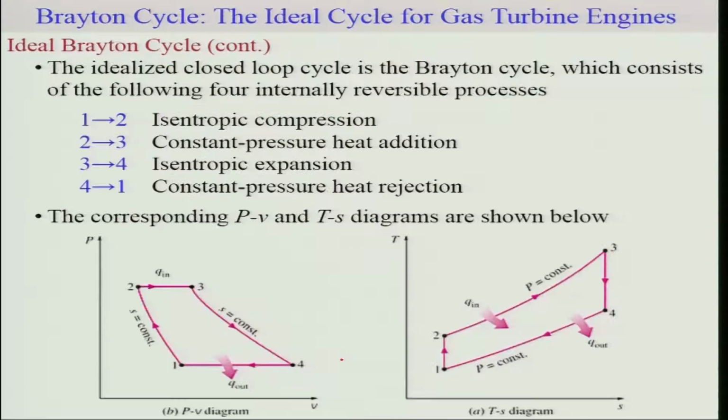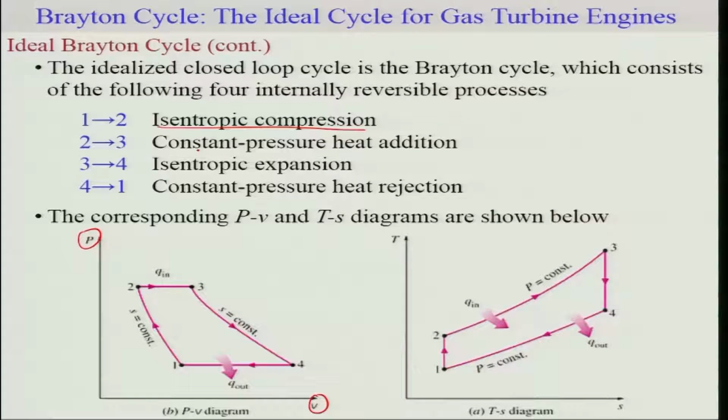Now one can represent this on a PV diagram and a TS diagram. Let us represent this Brayton cycle, which consists of 4 internally reversible processes. One is the compressor, which works under isentropic conditions, so this will be isentropic compression, 1 to 2 on a PV diagram.